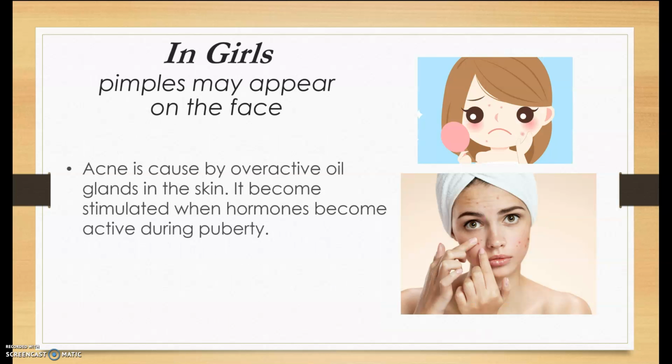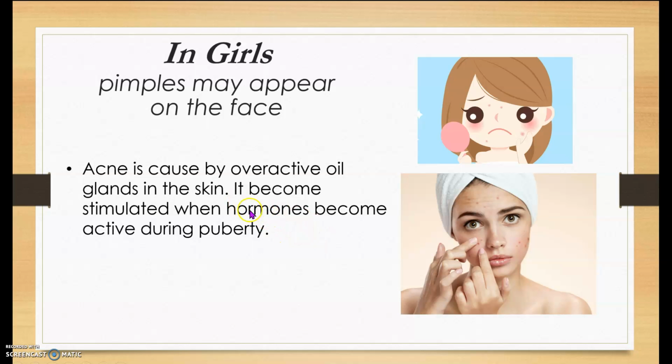Repeat after me. In girls, pimples may appear on the face. Very good. So as we already know, the boys also have pimples and the girls as well. We know that it is caused by the overactive oil glands in the skin.